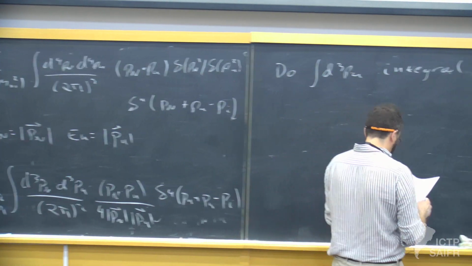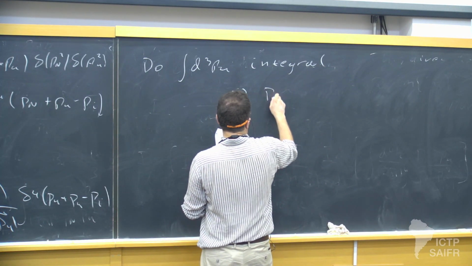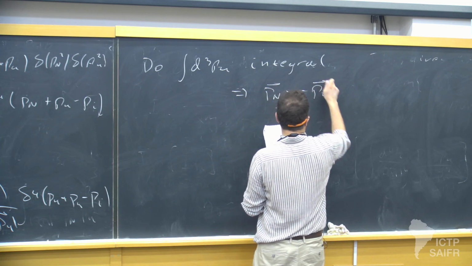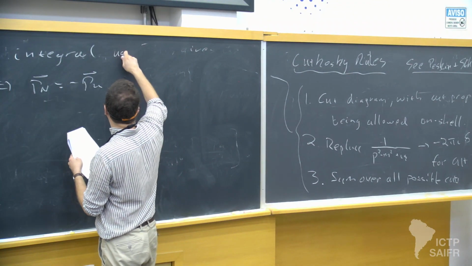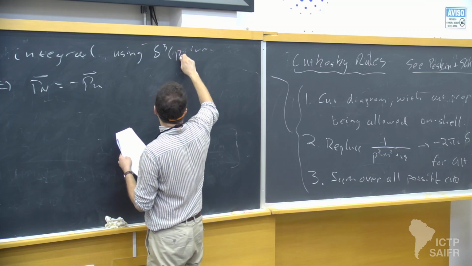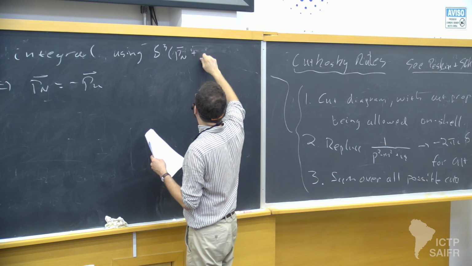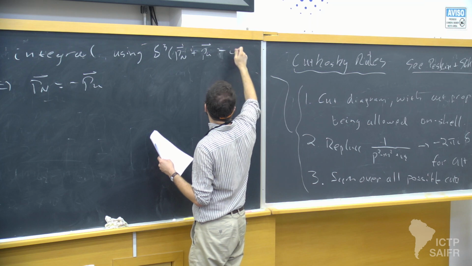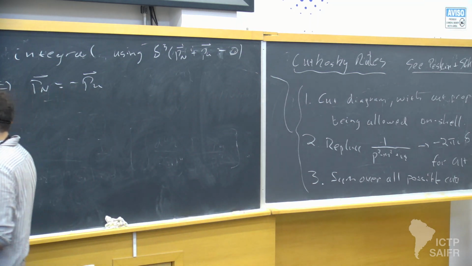And this just enforces that pn is equal to negative pu, using d3 of pn plus pu equals to minus 0, because the 3 momentum of our initial particle is 0.